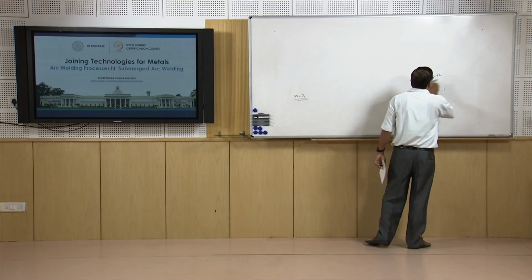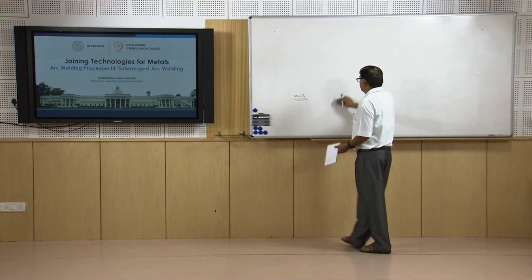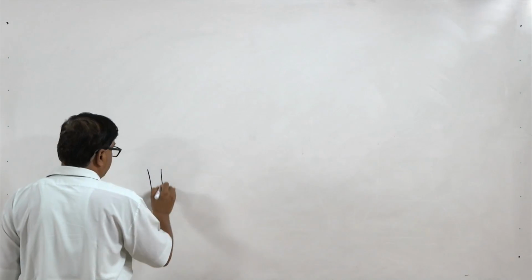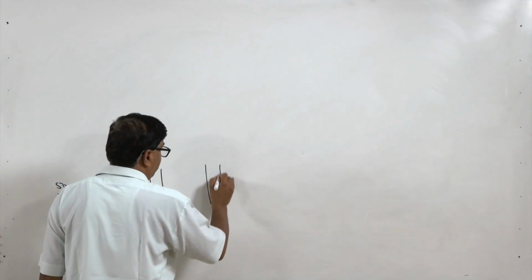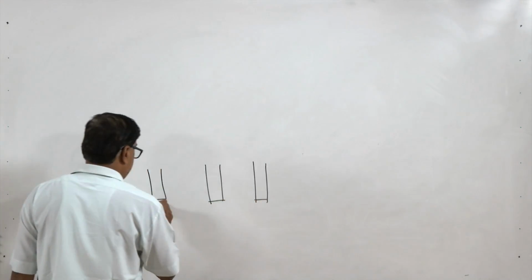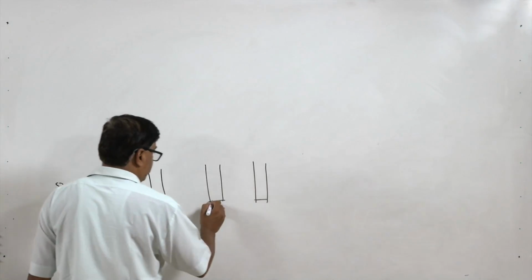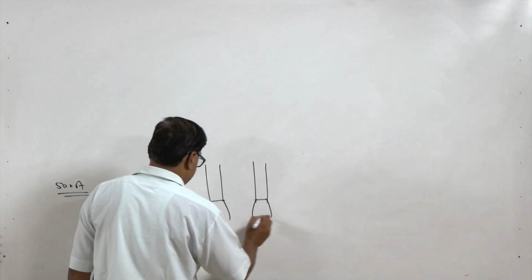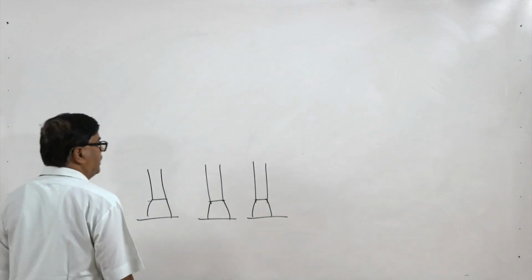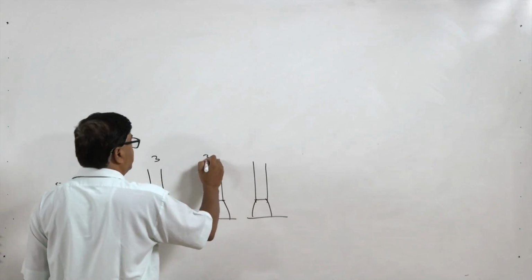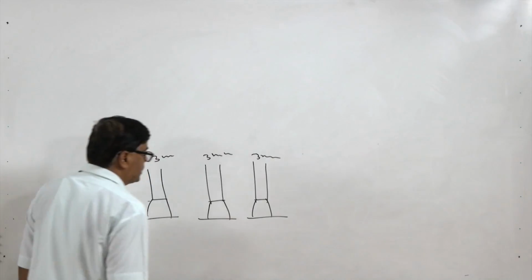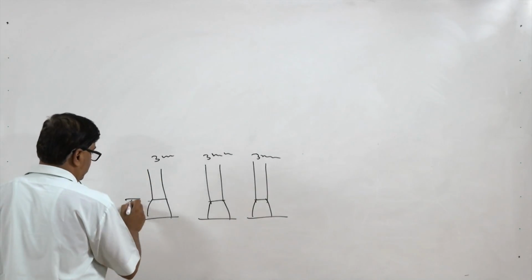And the same thing we can say otherwise: if the diameter is the same and the current value is increased under identical conditions, what will we get? Arc length is the same, diameter is the same, say 3 mm in all 3 cases.